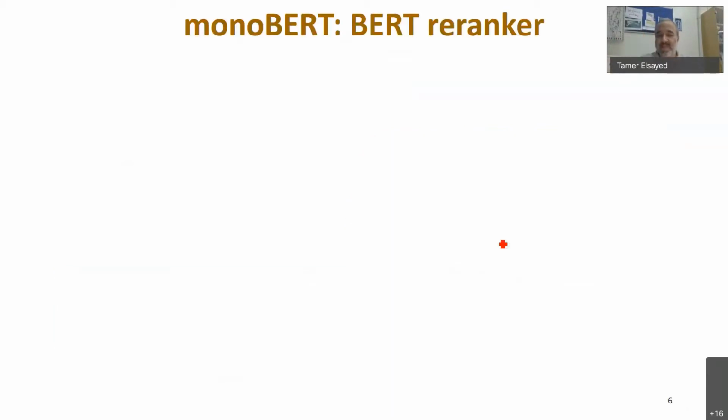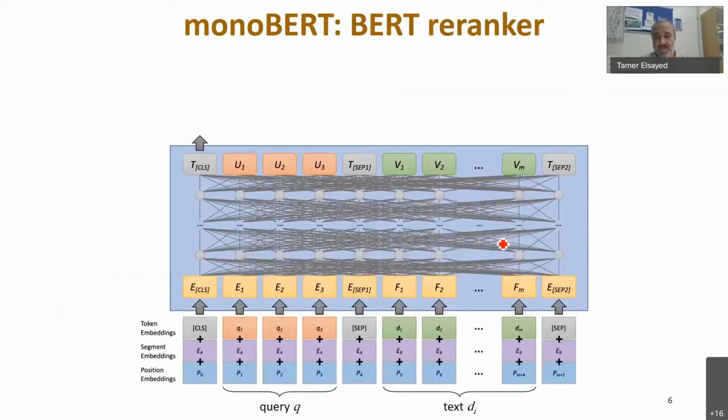Mono-BERT is based on the idea that we already mentioned. We put both the query and the text that we want to re-rank or score together in the same sequence, with the CLS token in the beginning, with the separators, with the segment embeddings, position embeddings, and token embeddings. We give that to BERT. BERT will provide us with the embedding of the CLS token.